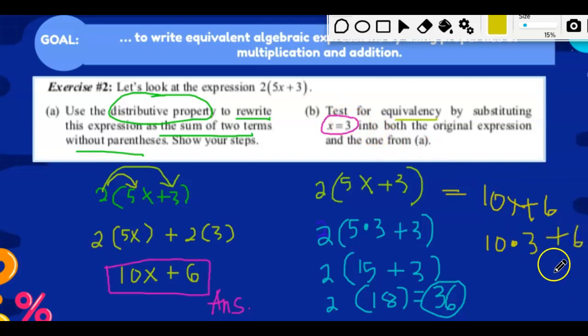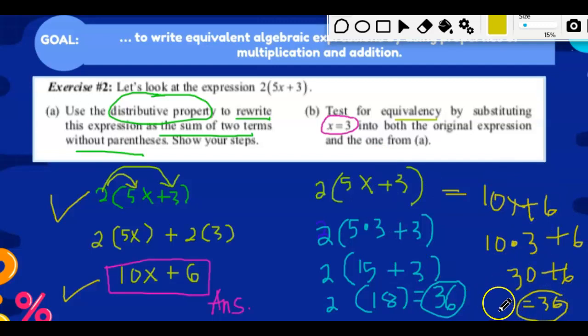According to order of operations, we multiply first, right, guys? So that is going to be 30 plus 6, and that gives us 36. So therefore, this expression is equivalent to that expression because we are able to find the value by substituting x equals 3. 36 is equivalent to 36. So those two expressions are equal.